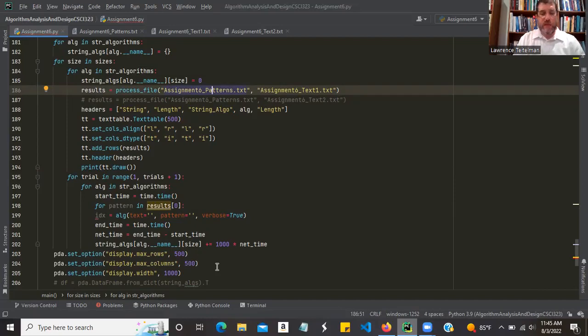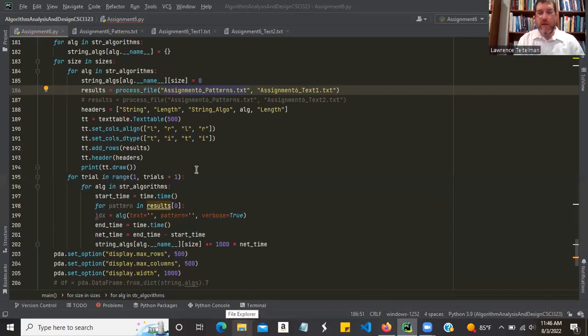So you're gonna do something like this, right? For text in text, and then indented, you're gonna say for pattern in patterns. And then indented in that, you're gonna say for alg in algs. Okay, it's not indenting, but those are nested loops. So for each one, you're gonna do your start time. So this is inside the nested loop.